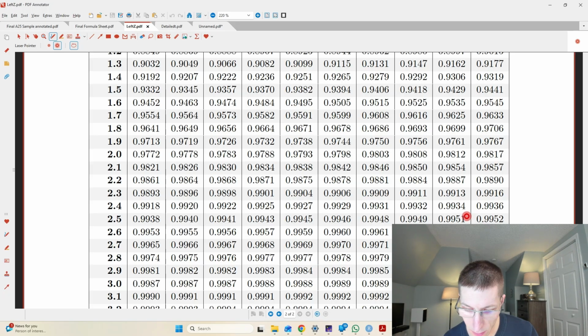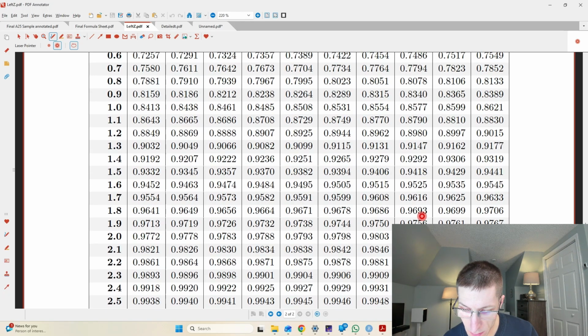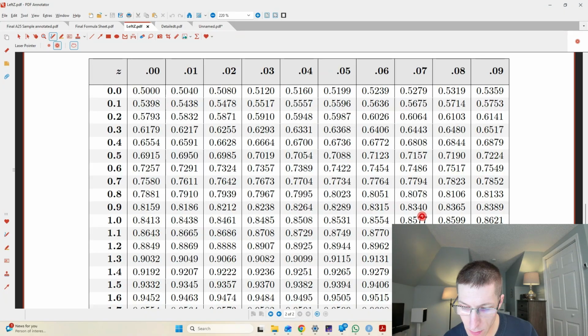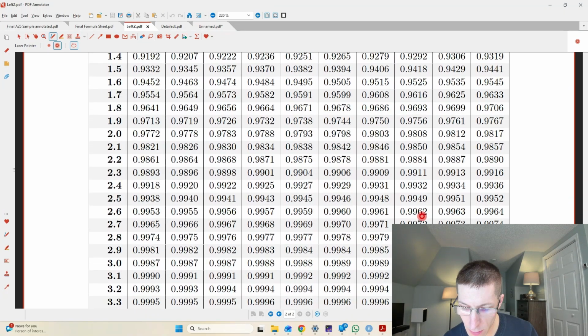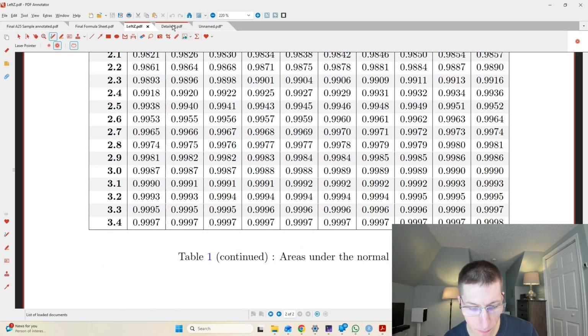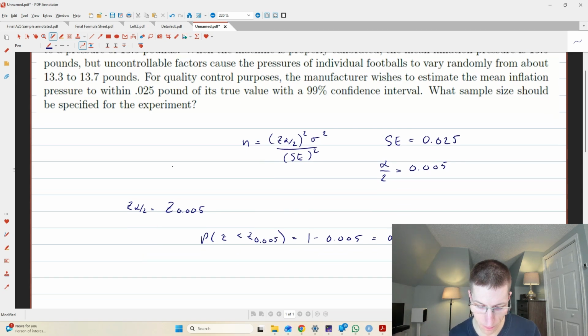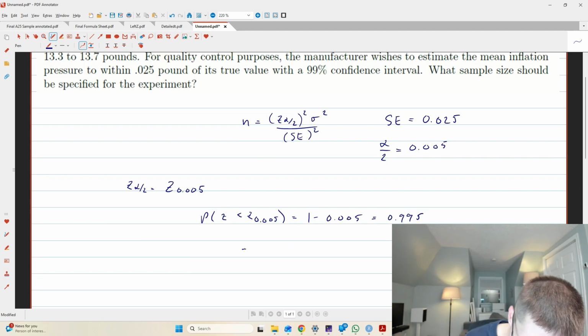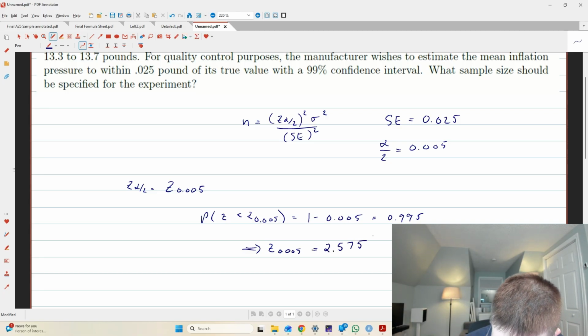So this is 2.57 and 2.58. And so I'm going to get 2.575. So that's from the Z table.